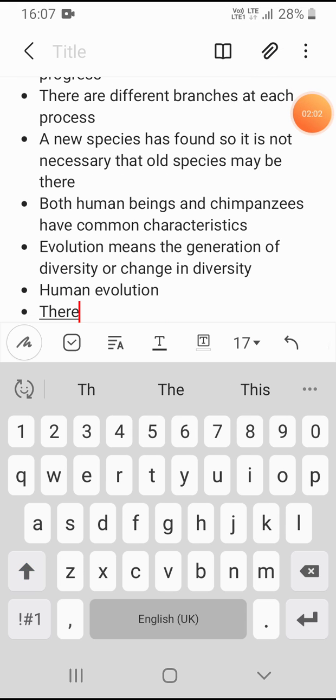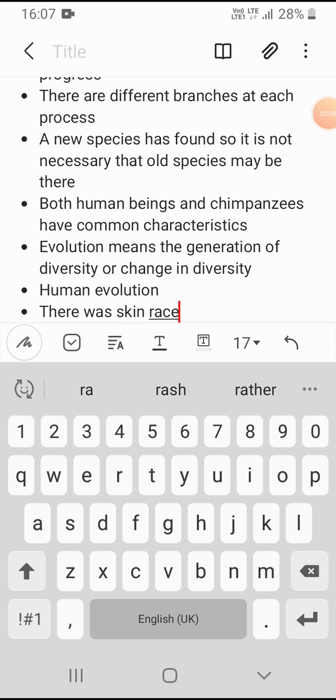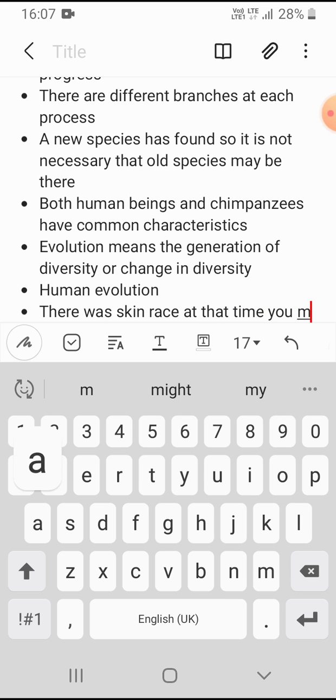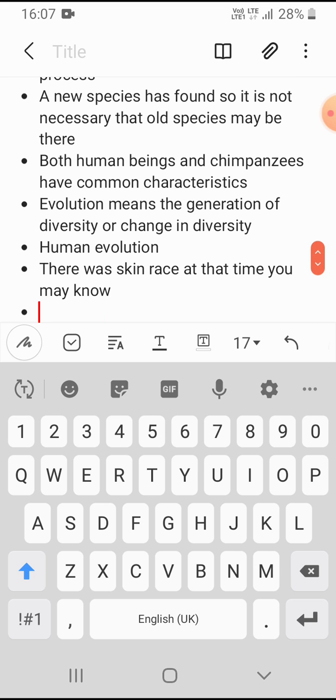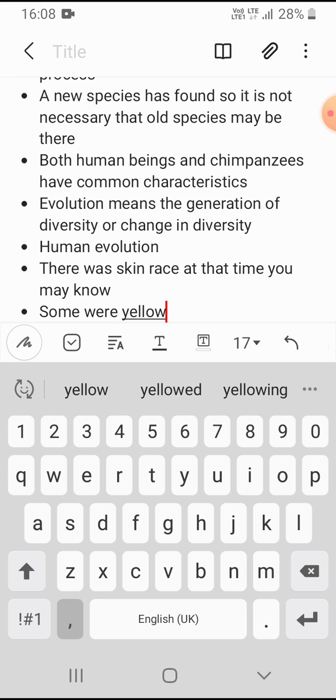There was the idea of skin race at that time. You may know about that. Some are yellow, somewhere black, white.